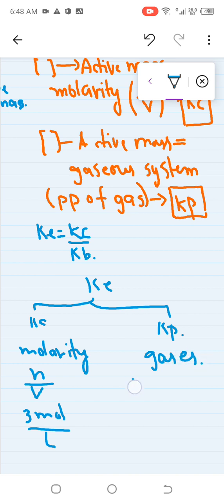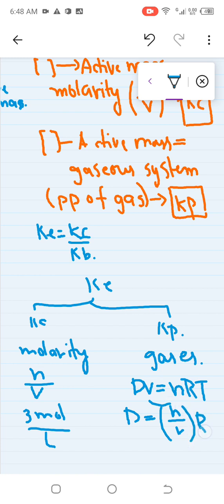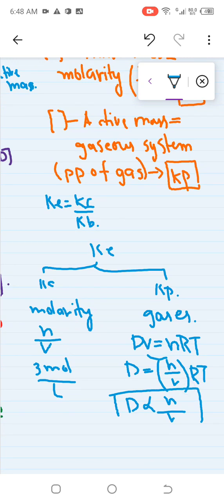So here we have the equation for gases. PV is equal to nRT, which we have studied. Now P is equal to n upon V times RT. So P is directly proportional to n upon V, which means pressure is directly proportional to molarity.